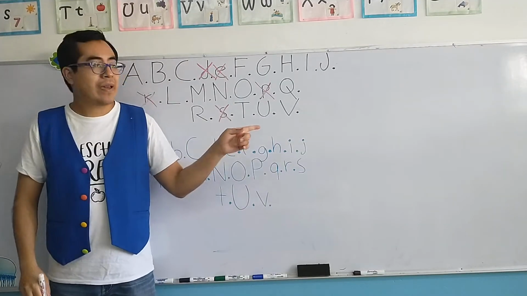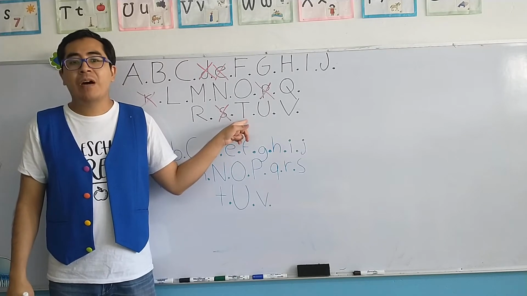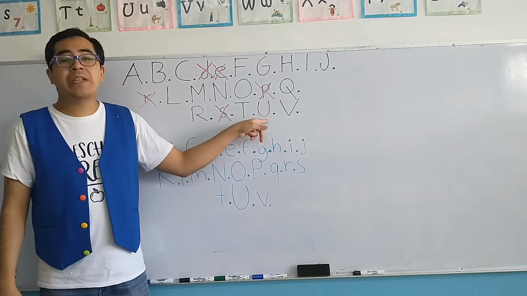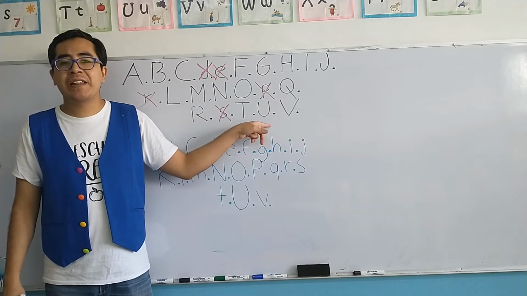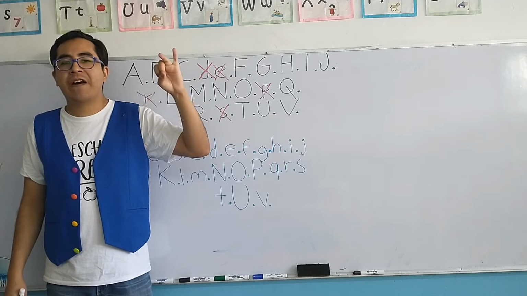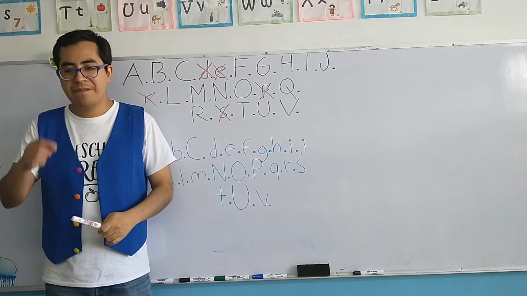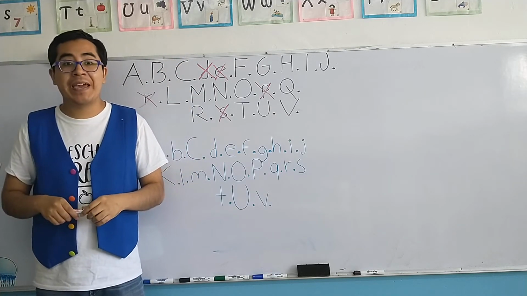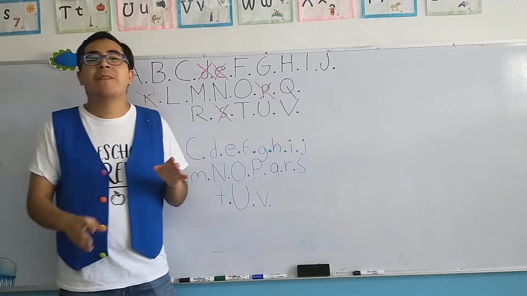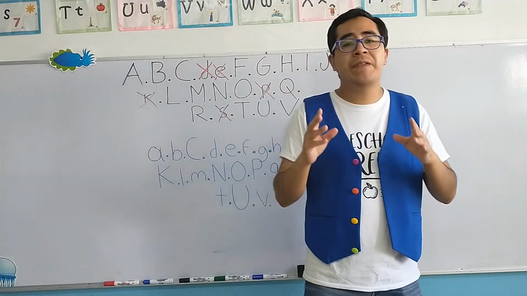Next to capital T of train, of tomato, of Tito, capital U, and finally capital V for vase, viper. Okay, very good, excellent. Now, let's continue with the second part of the video.